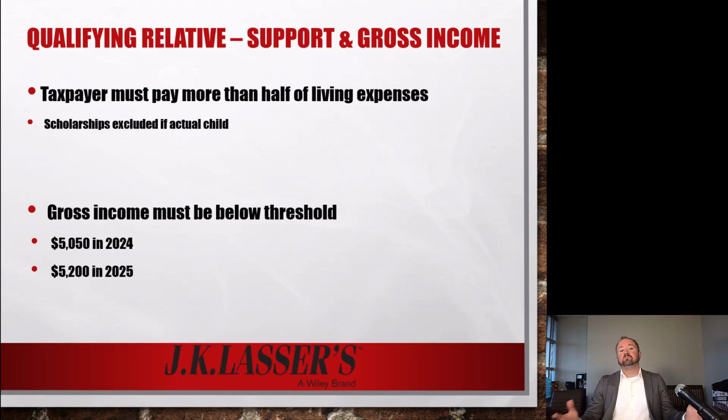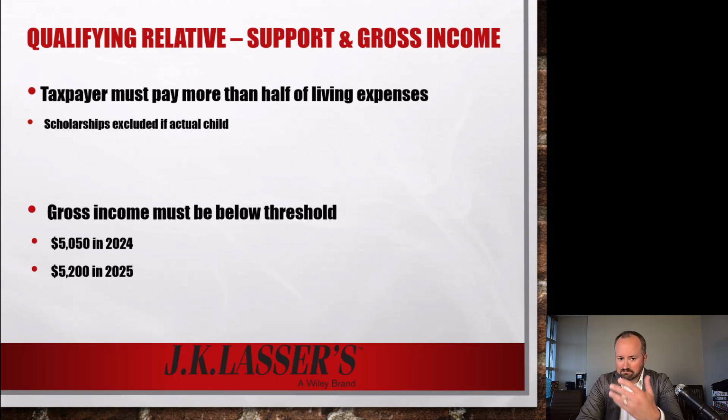Next, we have the support test. And the support test under qualifying child looked at it from the perspective of the child. The support test for qualifying relative, however, looks at it from the perspective of the taxpayer and asks the question, does the taxpayer pay more than half of the living expenses, the support for the potential qualifying relative? So it has to look at it from the taxpayer's perspective, not the potential dependent.